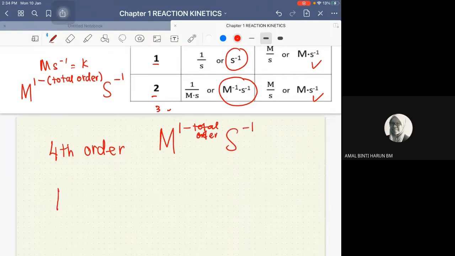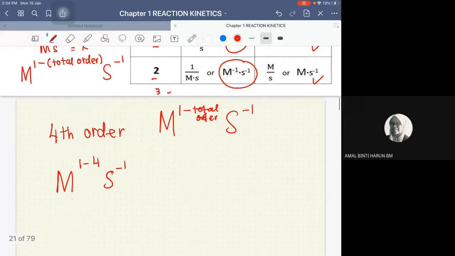Okay, so molar 1 over fourth order. Total order dia 4 per second. So dia akan jadi 1 minus 4 is negative 3 per second.